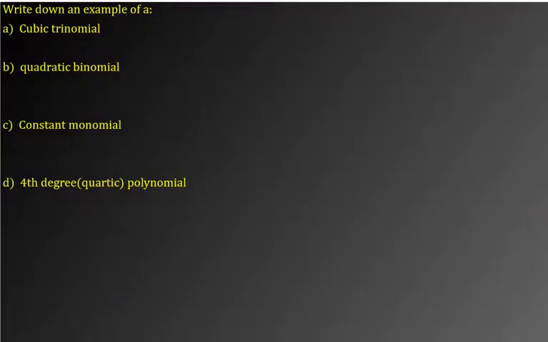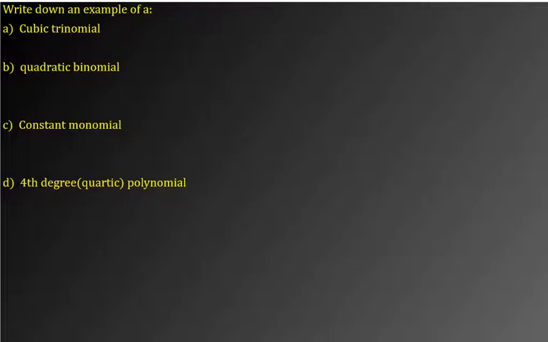To help with that, I wanted to do a quick example where we write down examples of these 4 things. There are lots of options for all of these problems, but I'm just going to write down one for each. So cubic trinomial means that you need 3 terms and the biggest exponent needs to be 3 because it's cubic.